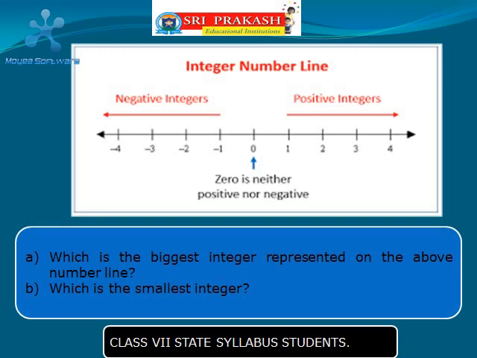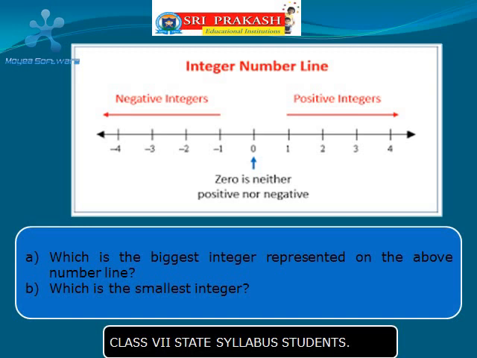Now, let us try to answer the question. Which is the biggest integer represented on the above number line? Biggest means that number should be on the right hand side from 0. So which one is the biggest number here on this picture? It is 4.